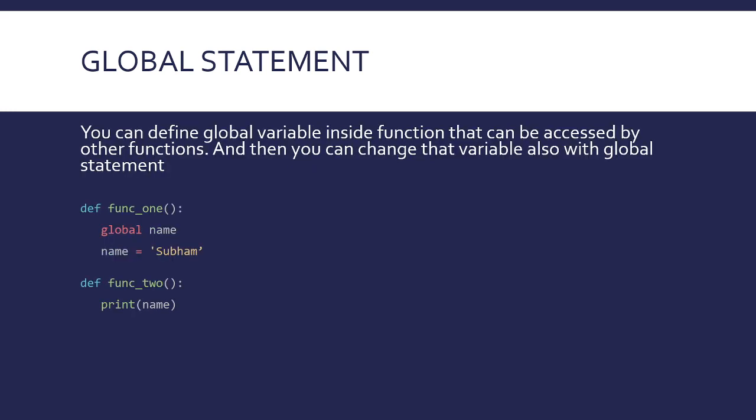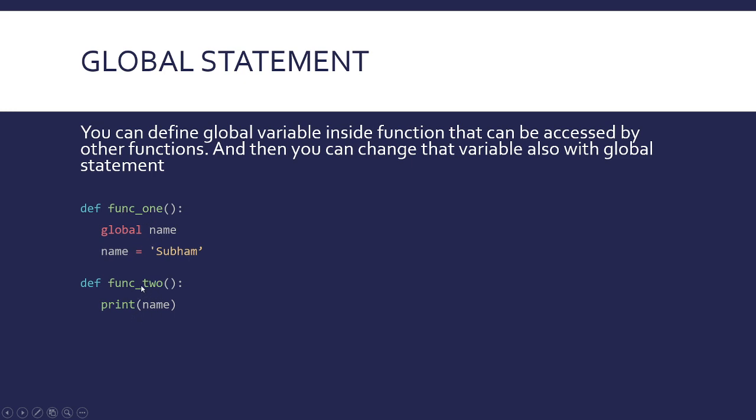Next we will see how we can define a global variable inside a function that can be accessed by other functions, and you can then change that variable also with the global statement, not keyword. Here I haven't declared any variable in the global scope. I directly declared a global variable inside func1.